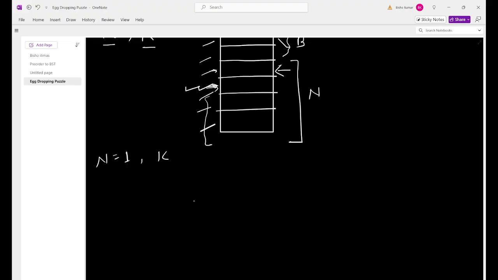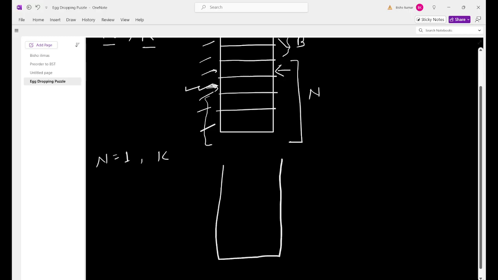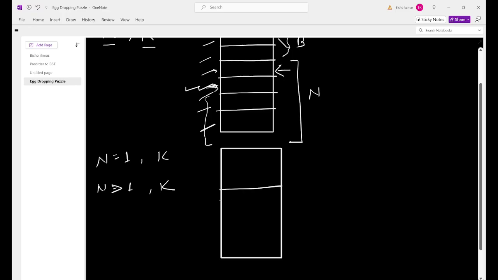Okay, now let's generalize this question. If n is more than 1, and we have k floors, then you need to check from a certain floor.